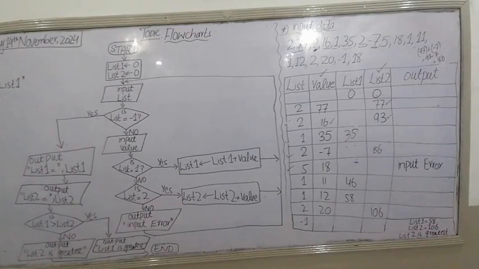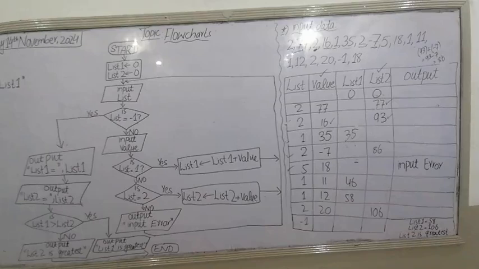Next output message, list2 is equals to the variable we have written, list2, meaning the value stored in the variable will be shown on the screen. And the last condition is list1 greater than list2? No, because in list1 we have value 58 and in list2 we have value 106.